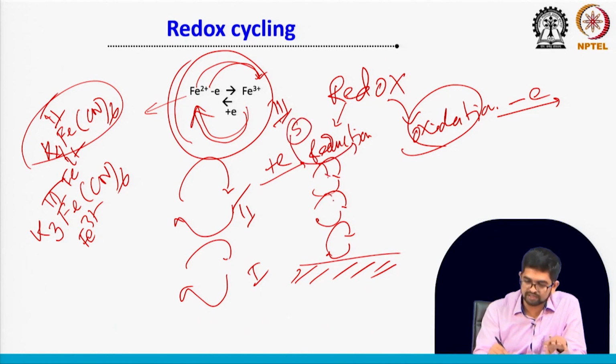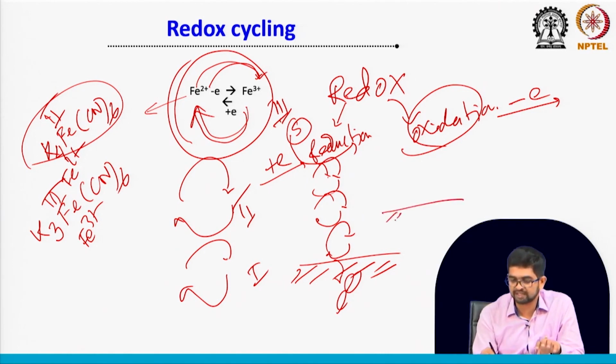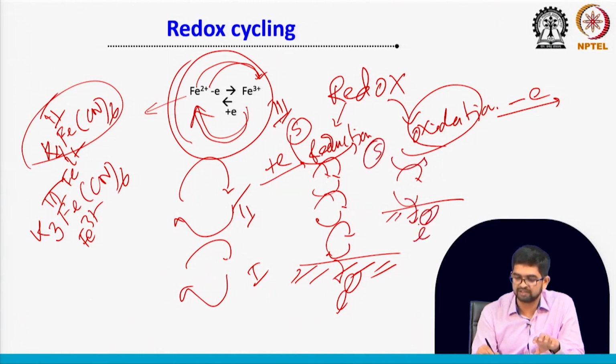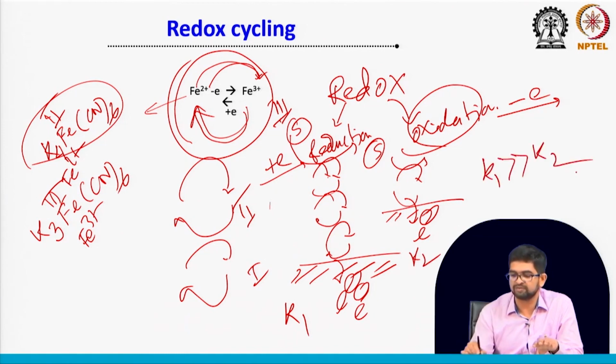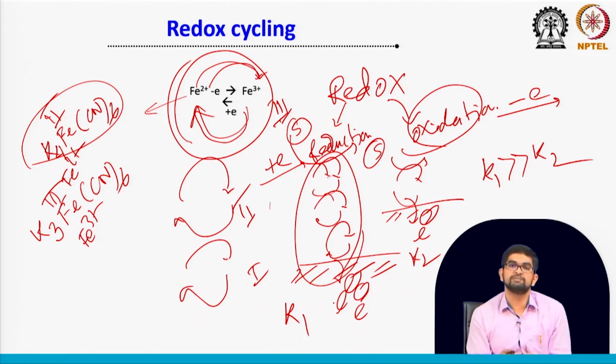So this electron transfer will be very fast on the sensor surface if redox cycling happens. But if the sensor surface has only one redox cycling from substrate, and we compare the electron transfer kinetics, here kinetics 1, here kinetics 2, this K1 will be very high than the K2. So that is why now we will focus on how we can make this kind of redox cycle on the biosensor surface, so that we can amplify the signal and achieve an ultrasensitive biosensor.